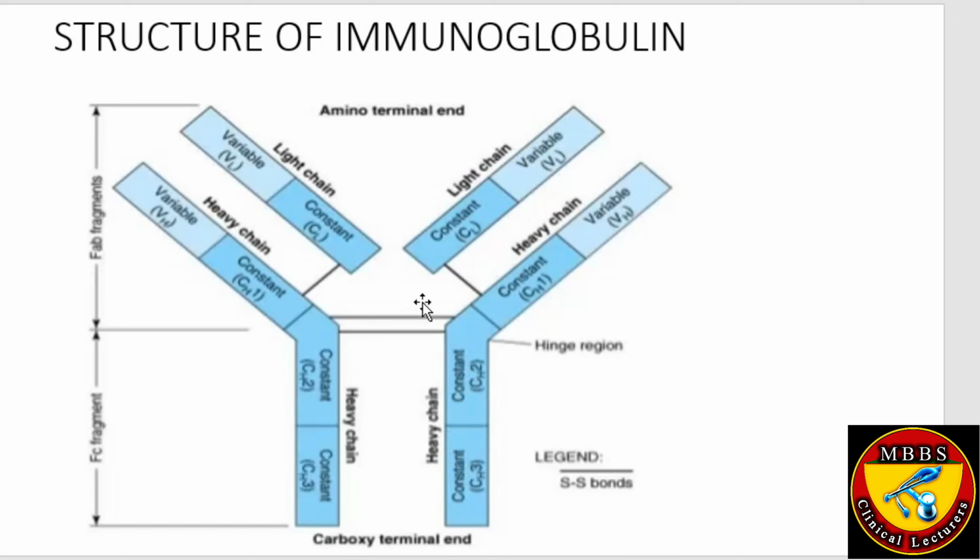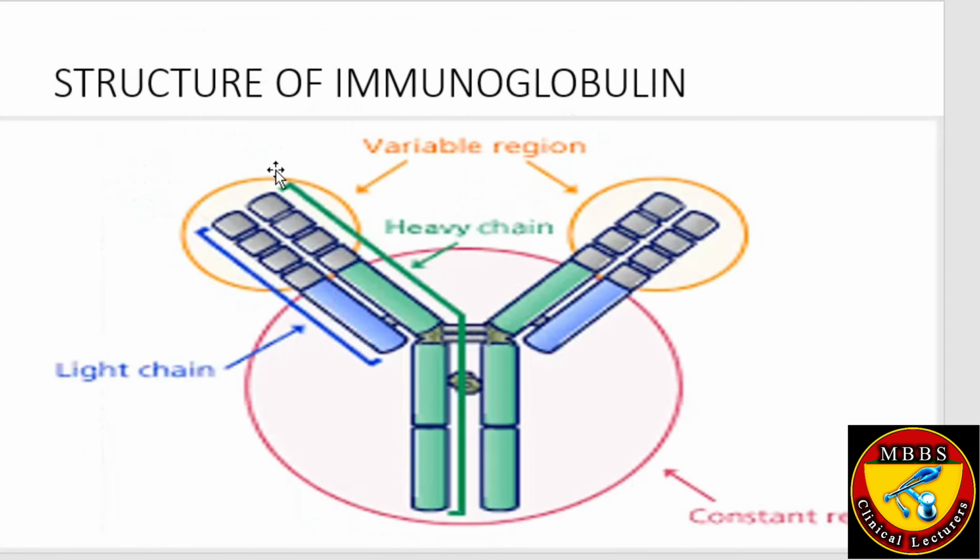These 4 chains are joined by disulfide bonds. And the variable regions of both the light and the heavy chains are responsible for antigen binding.